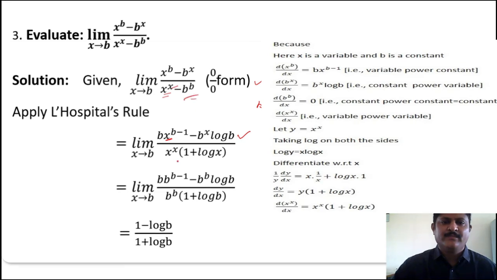Therefore applying the limit, this is b into b power b minus 1 minus b power b log b divided by b power b into 1 plus log b.